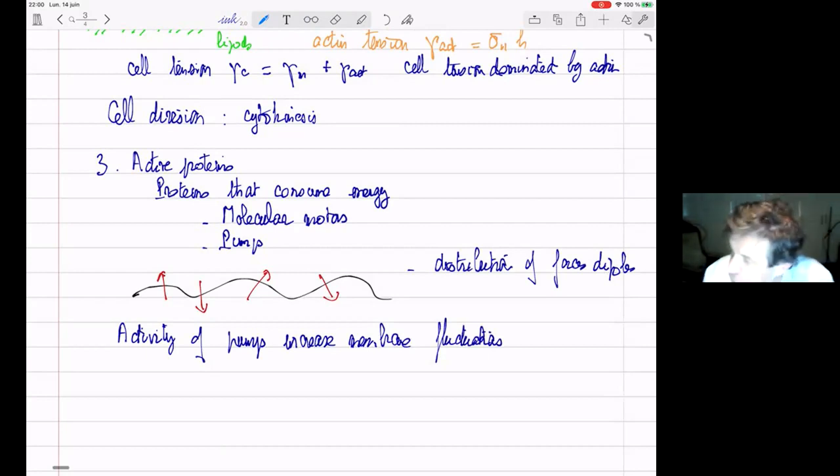And what you can do with that is calculate the amplitude of the membrane fluctuations due to both thermal fluctuations and these random force dipoles that act on the membrane.